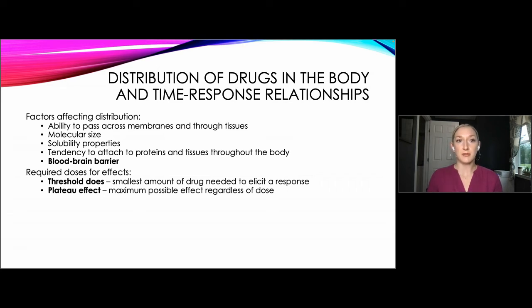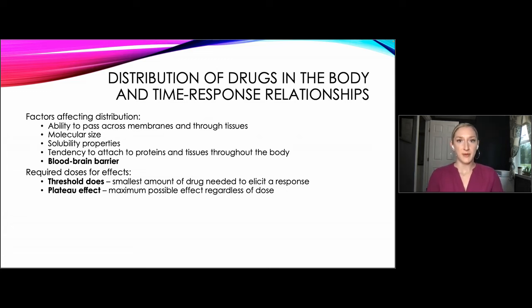You can keep taking as much as you want, but you're not going to achieve a greater level of pain relief, say from Tylenol. With alcohol, small doses make a person more talkative and social, whereas high doses can cause drowsiness.